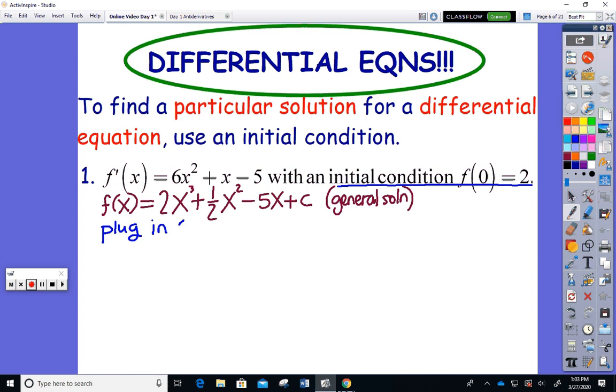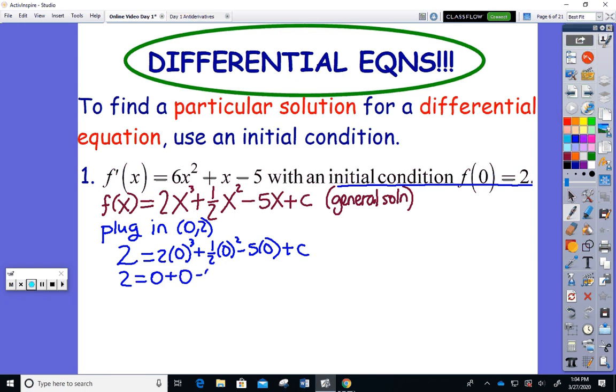So I'm going to plug in the point (0, 2), which means I plug 0 in for all my x's, and then I can plug 2 in for my y. So my y would be f of 0. So I'm plugging 2 in on the y side of the problem. And do you see that means 2 equals 0 plus 0 minus 0 plus c? 2 equals c. That's the easier thing, isn't it?